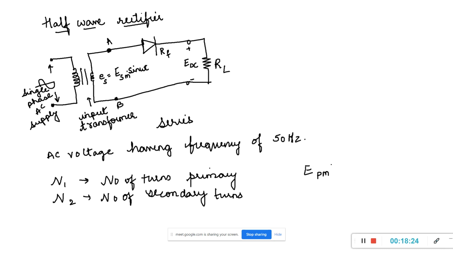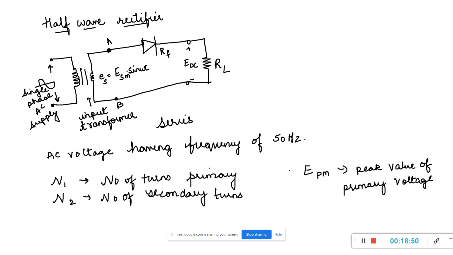EPM is the peak value of the primary voltage. Primary voltage is at the input side, secondary voltage is at the secondary turns side.